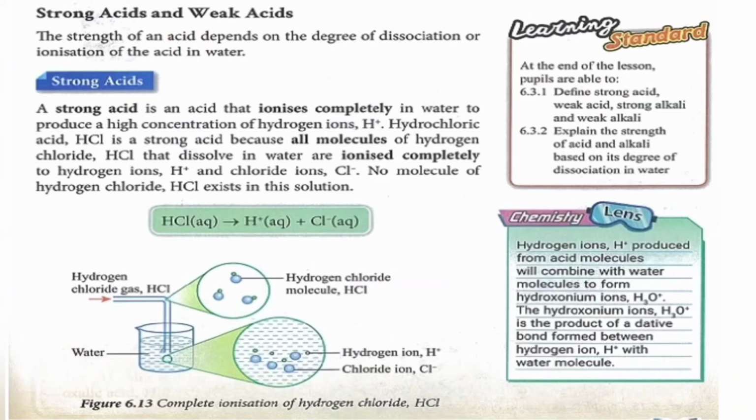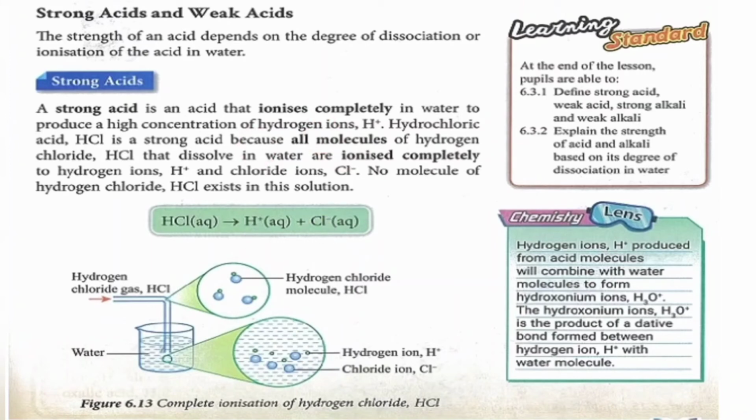For example, HCl, hydrochloric acid. This is a strong acid because all the molecules of HCl dissolve in water and ionize completely and form hydrogen ion and chloride ion.